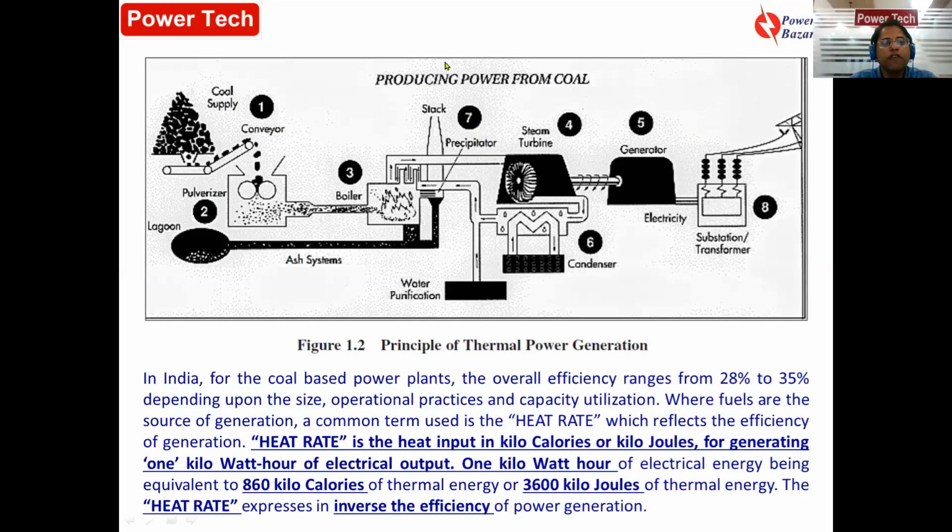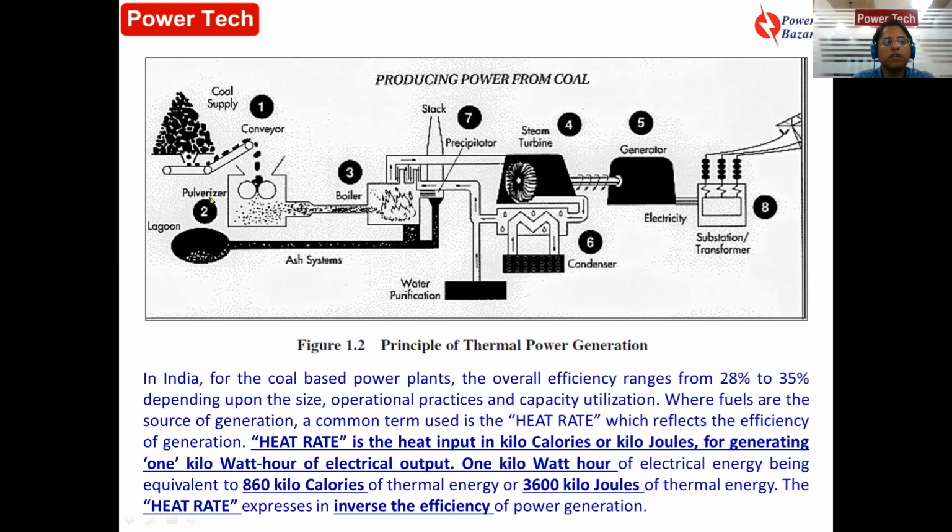Now, what is the energy efficiency of this whole cycle? It is known by the heat rate. By terminology, you have to remember this: heat rate. Heat rate is the heat input in kilocalorie or kilojoule for generating 1 kilowatt hour of electrical output. That means how many kilocalories I am feeding in, that is the input, and how many kWh of electrical energy I am getting, that is the output.